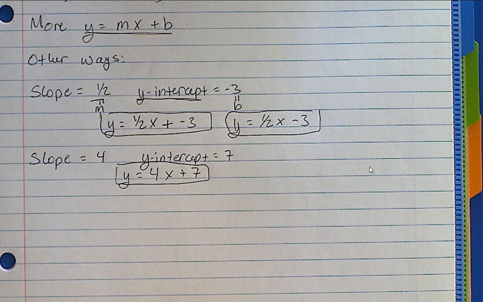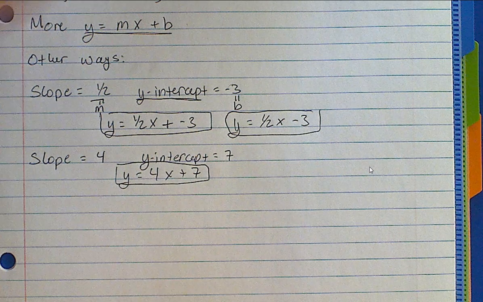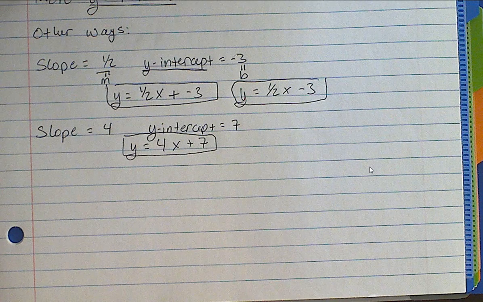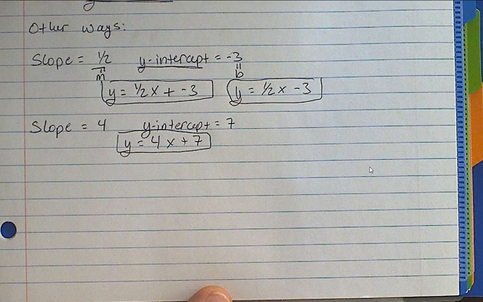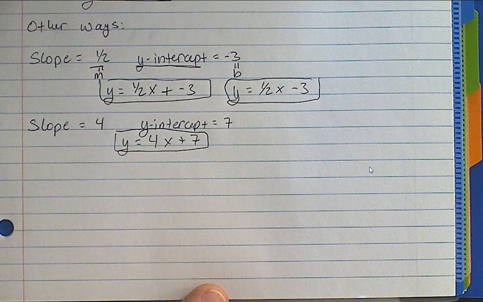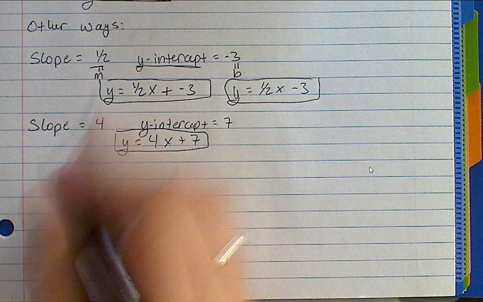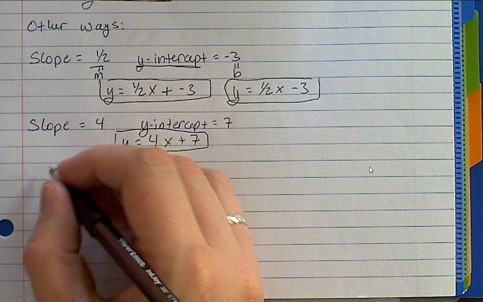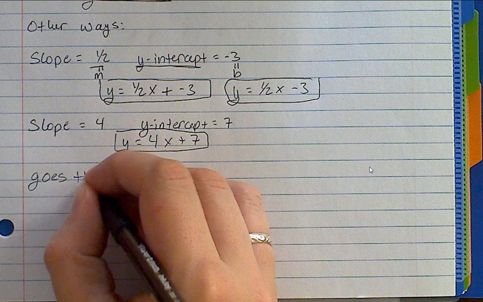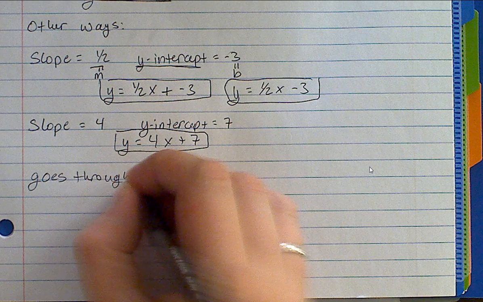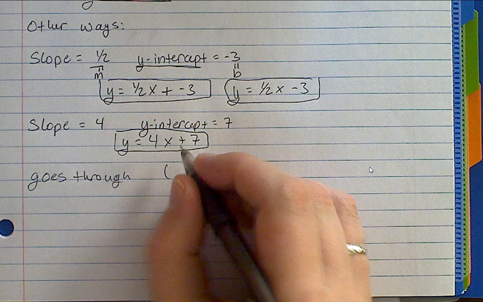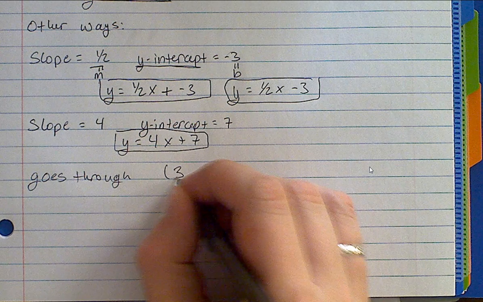Alright. So, next, I'm going to take it just one step further. This one is still easier than what we were doing on Tuesday, but not as easy as what I just showed you. So if I tell you that I have a line that goes through the point, Robbie, give me an xy coordinate. 3, -2. Okay, 3, -2.